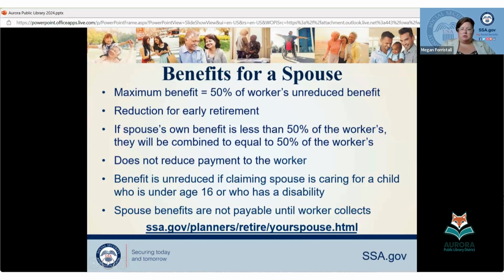So you're not choosing between yours or your spouse's. If you have 40 credits, we're going to pay you what we can off your own.